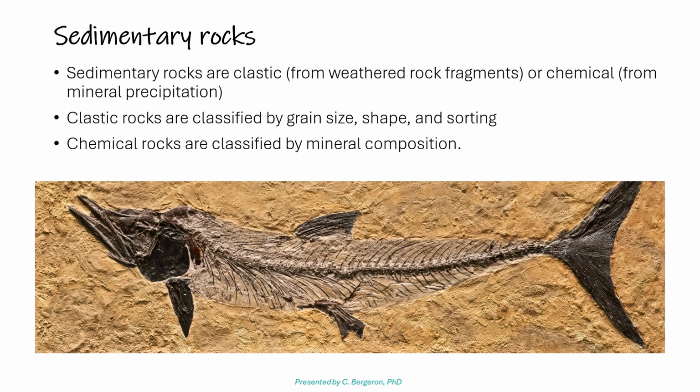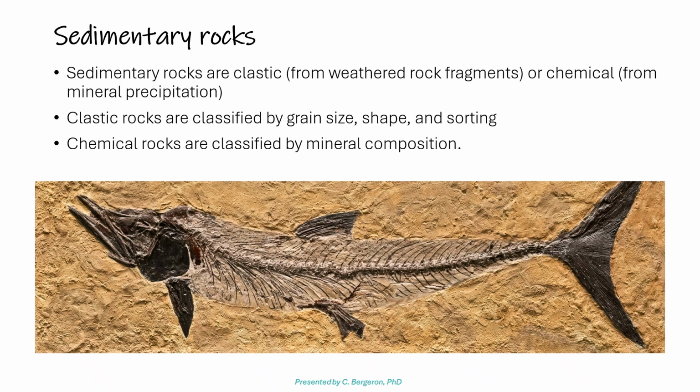Okay, now we get to talk about sedimentary rocks. Sedimentary rocks, there are basically two types. You have clastic or detrital sedimentary rocks and chemical sedimentary rocks. Your clastic rocks are formed from clasts or detritus, which basically just means pieces of other pre-existing rock or sediment.